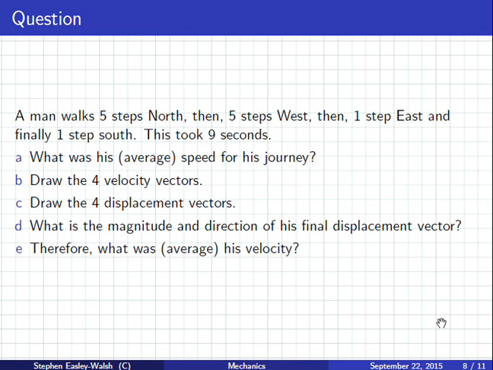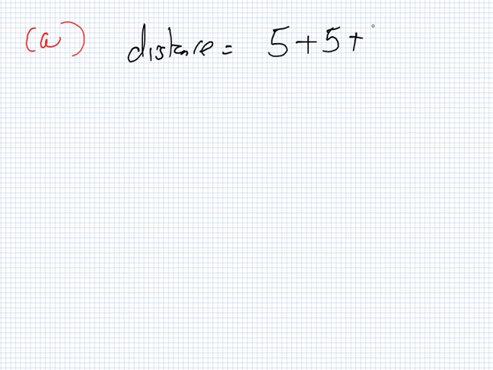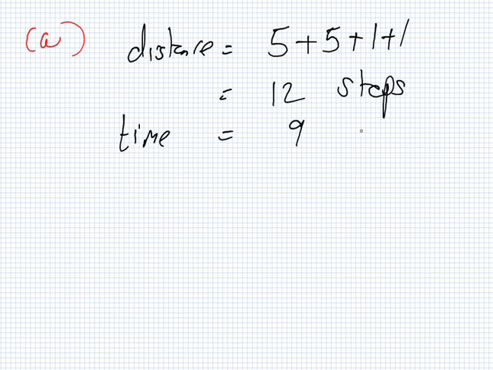And what's the time? 9. So the distance: 5 steps plus 5 steps plus 1 step plus 1 step. That is 12 steps. And the time, I said, was 9 seconds, wasn't it?